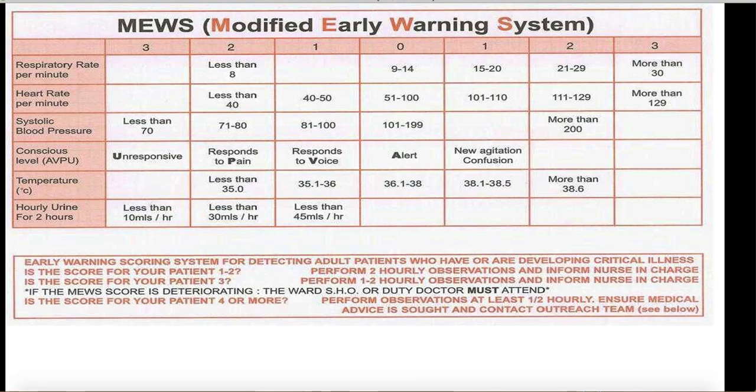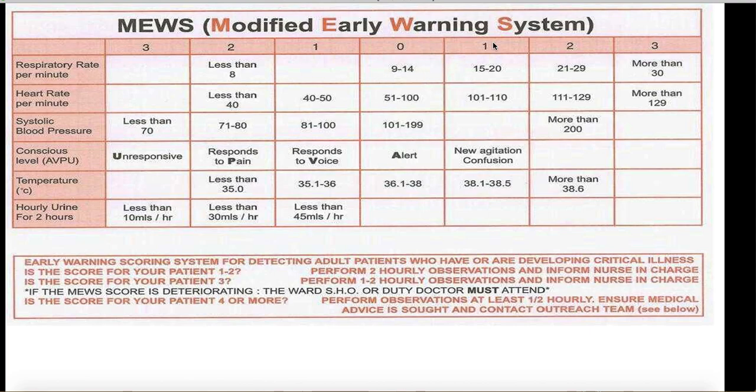So in the center, see here, the 0 means these are the normal parameters. Respiratory rate 9 to 14 is normal. So we have two sides, whether the respiratory rate is increased or decreased.